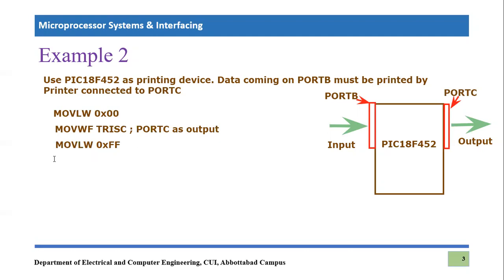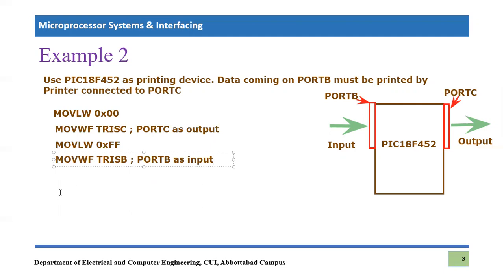And we have to send that information with MOVWF to TRIS B, just to declare port B as input. So this is the configuration setup: how you declare port C as an output port and how you declare port B as an input port.